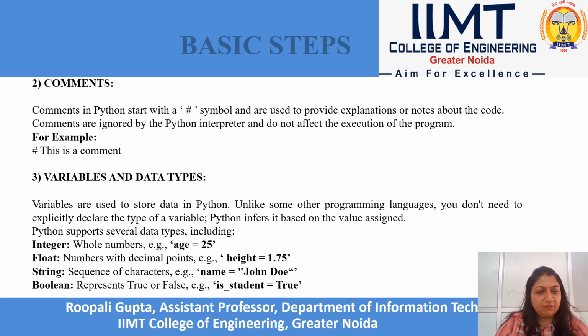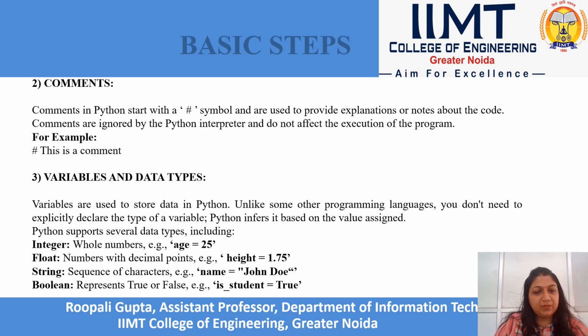So basically we have different data types in Python, but what we will be doing is just writing the name of the variable and equal to the value of that variable. When we write the value of that variable, the system will itself understand what the data type of that particular variable is. Like we have age equal to 25, so the system will understand that it is of integer type.